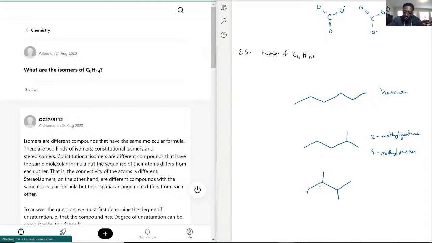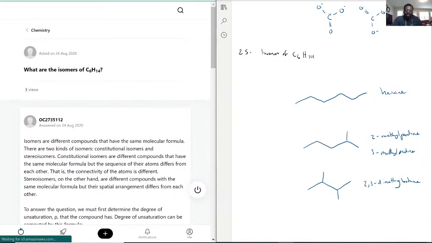It'd be 2,3-dimethylbutane. These are all isomers of C6H14.